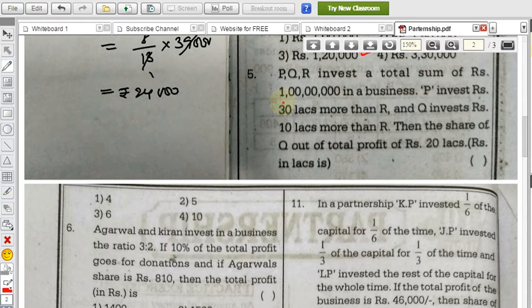That is the question. So we need to find Q's share. Same as before, first take the total investments of all. First we'll see whose investment is how much. Out of this 1 crore, P invests 30 lakhs more than R.